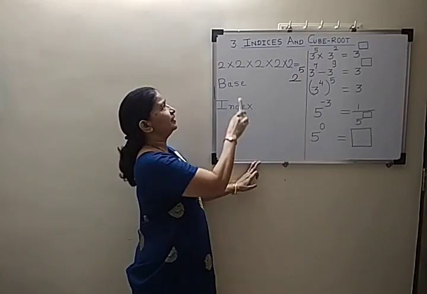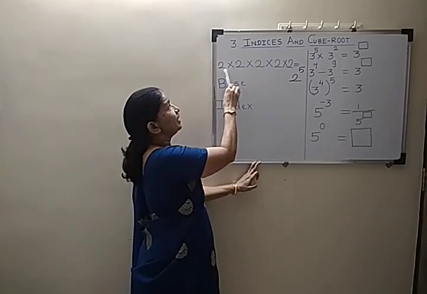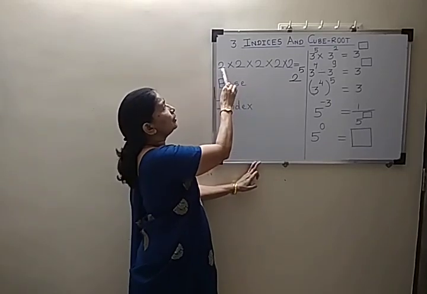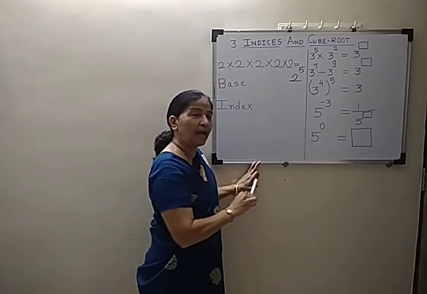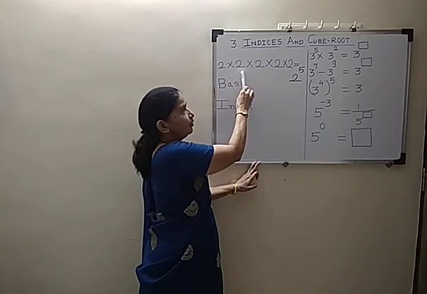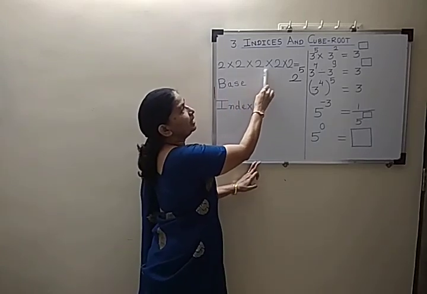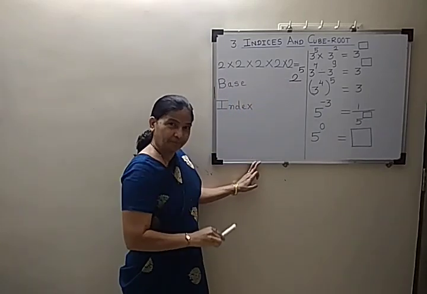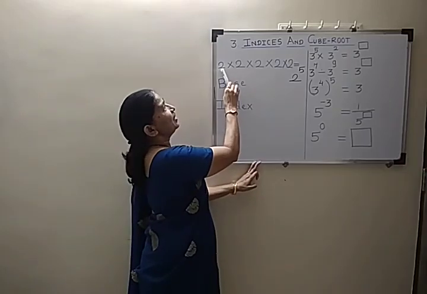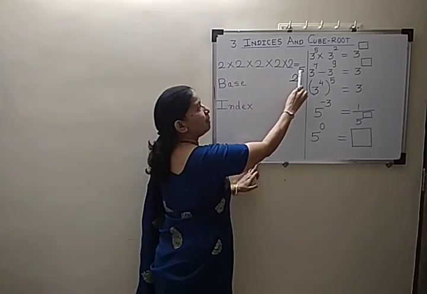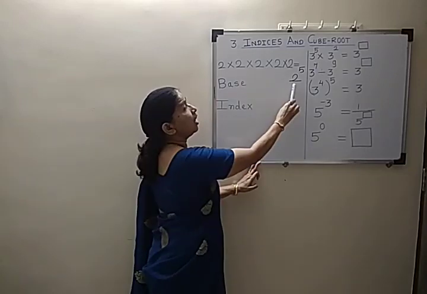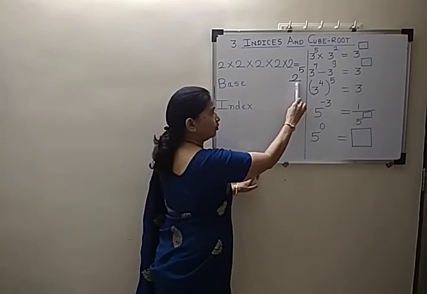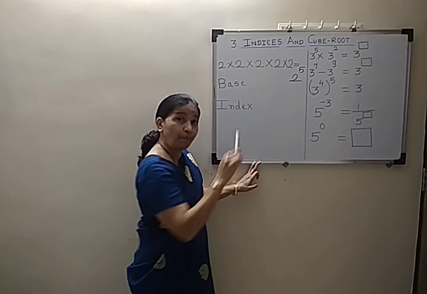How did I write this? I counted how many times 2 came: 1, 2, 3, 4 and 5. Means this 2 came 5 times. So I wrote 2 raised to 5.